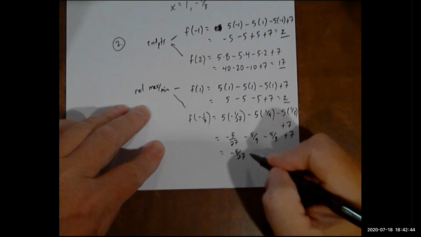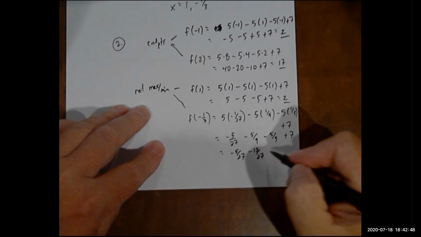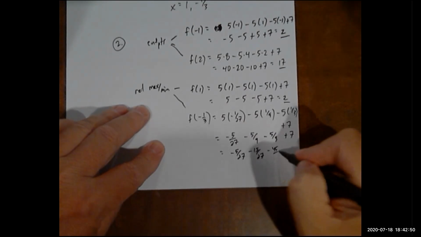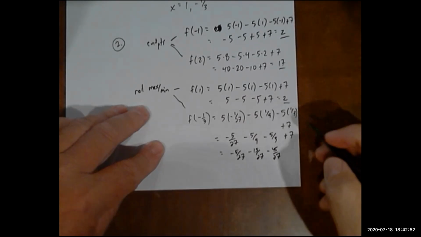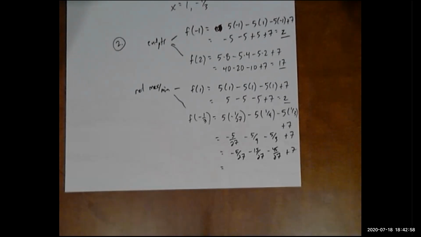Multiply this fraction by 3/3, minus 15/27 by 9/9. Let's leave this for now. Or actually, 7 times 27, I think is 189.